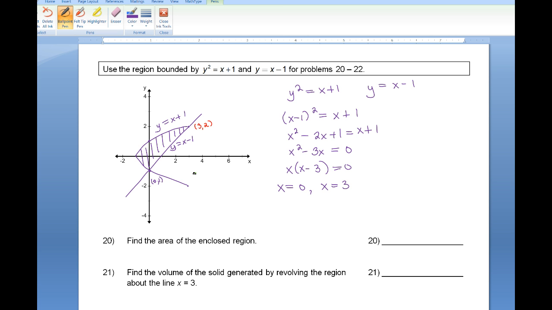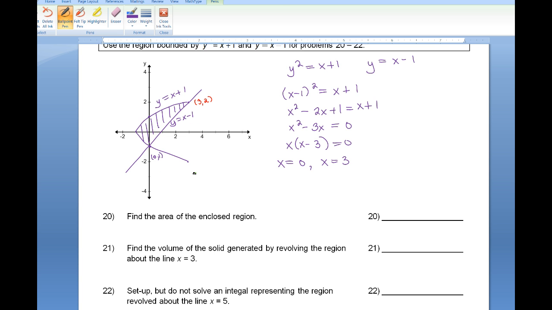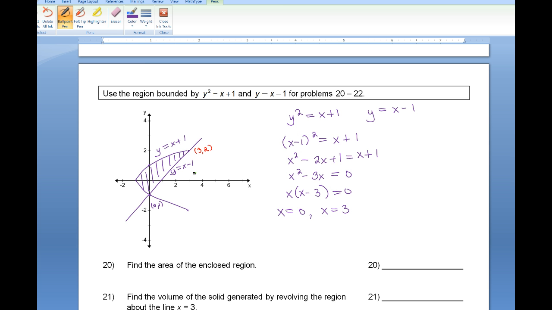So to find the area of the enclosed region, I would use right minus left. Since we're going to do right minus left, we want to have everything solved for x. So for example, if I have y squared equals x plus 1, then x is equal to y squared minus 1. And here, if y equals x minus 1, then x equals y plus 1. Now looking at the region bounded, the right is going to be bounded by the line.